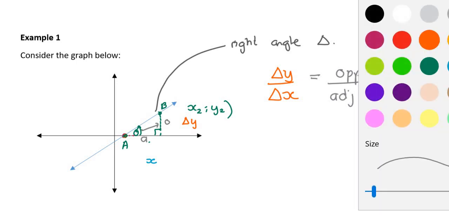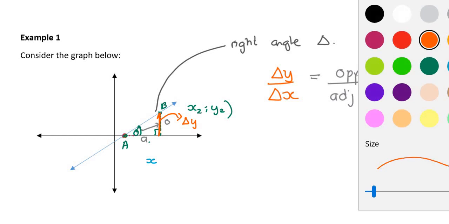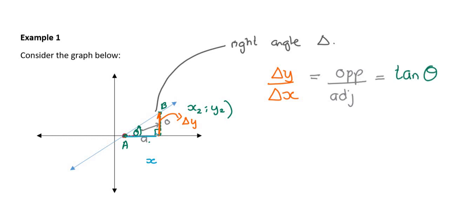The opposite side is how far you have gone up, which is your change in y, and my adjacent side is how far I've gone across, which is change in x. I thought let me revise that by erasing everything, because that's quite a difficult concept. So I make a right angle triangle, I say what's the opposite side, which is how far I've gone up, change in y, what's the adjacent side, how far I've gone across, and so tan would be opposite over adjacent, which is change in y over change in x.